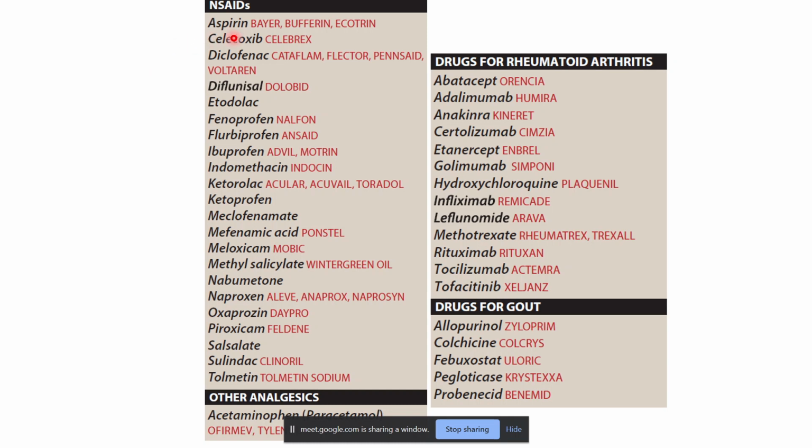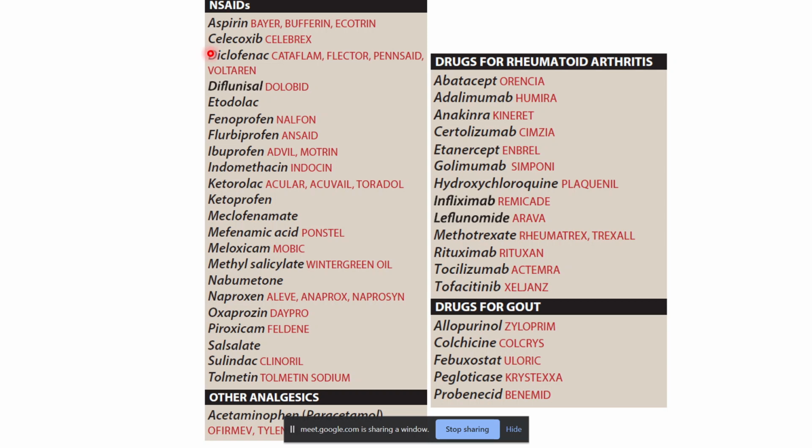For example, aspirin is the most commonly used non-steroidal anti-inflammatory drug, and it is non-selective and also non-competitive inhibitor of the cyclooxygenase. And celecoxib is one of the first selective cyclooxygenase 2 inhibitors.